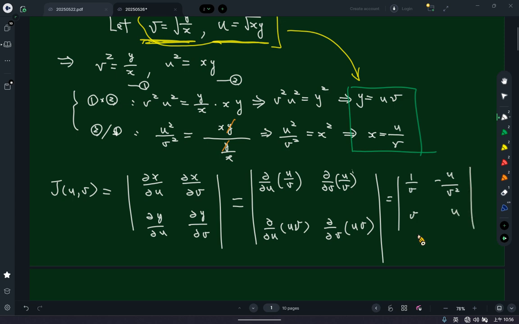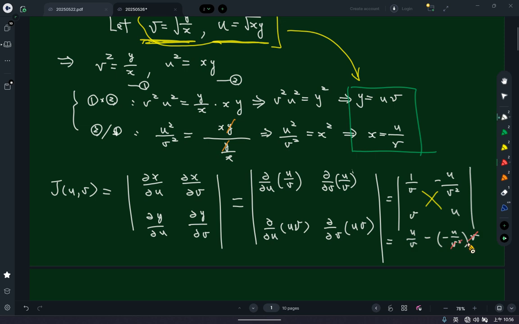So that you can calculate its final result, which is u over v minus u over v squared times v. So we can just cancel 1.